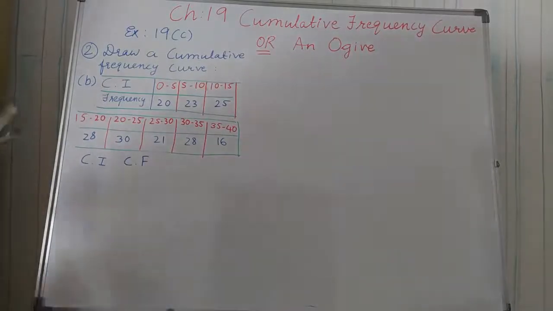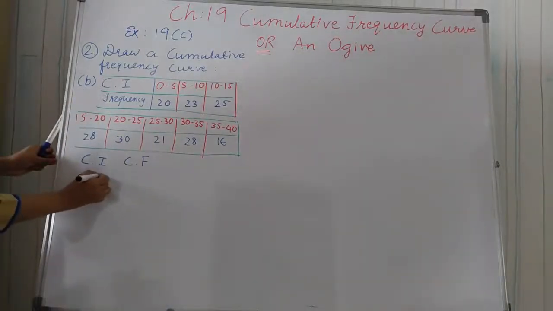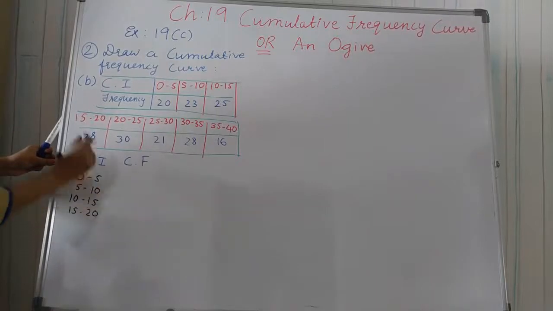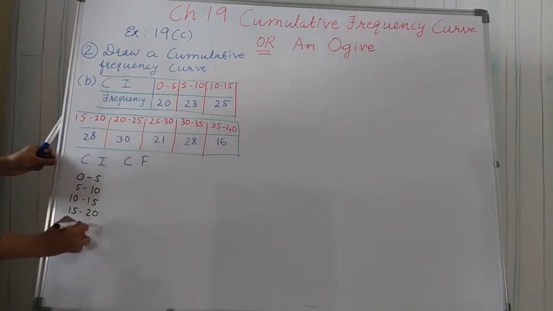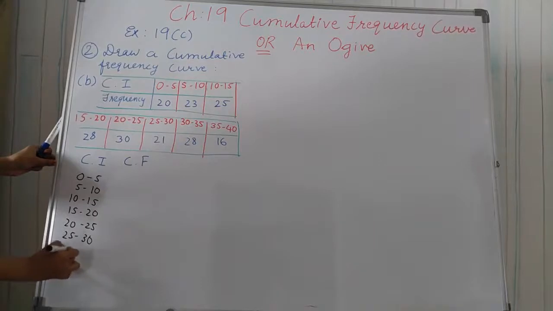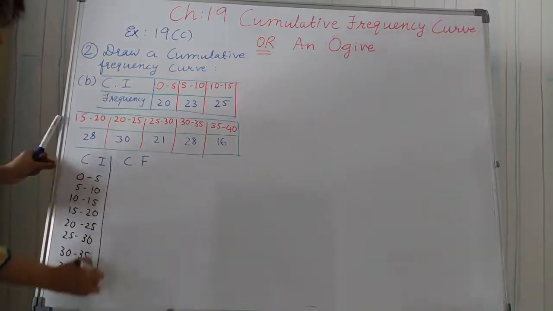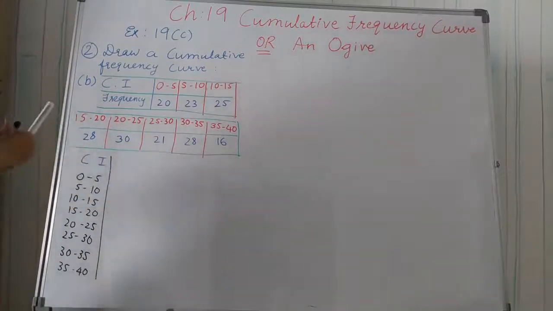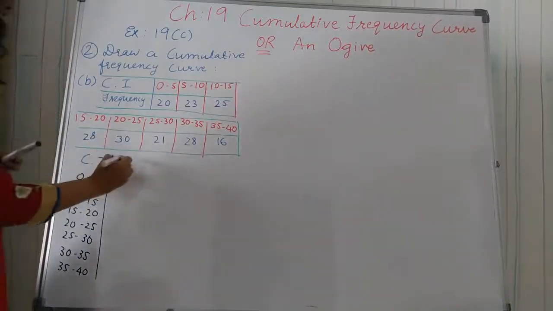So now I write Ci, the class intervals 0 to 5, 5 to 10, 10 to 15, 15 to 20, all the class intervals in a vertical way so that we can count our cumulative frequencies, up to 30 to 35. Students, while you draw it on your graph paper, you have to write all these things on the right side of your graph page. Now one more column, let me first write here, which is of frequency.